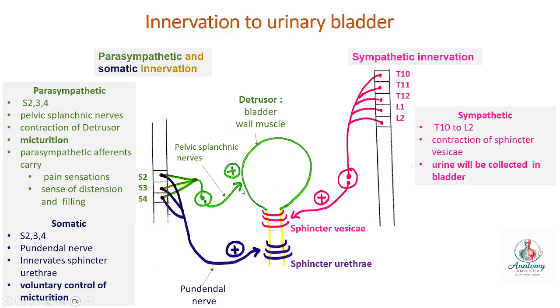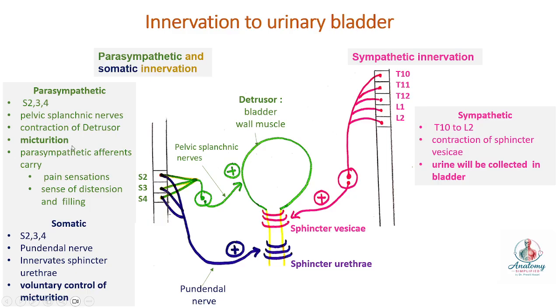That means they will cause contraction of the detrusor muscle. So what is the action of these parasympathetic fibers? These parasympathetic fibers coming from S2, 3, 4 segments give rise to the pelvic splanchnic nerves, which cause contraction of the detrusor muscle. That will lead to micturition.